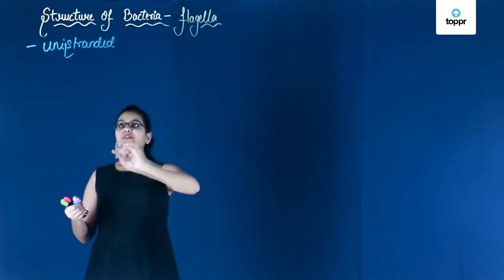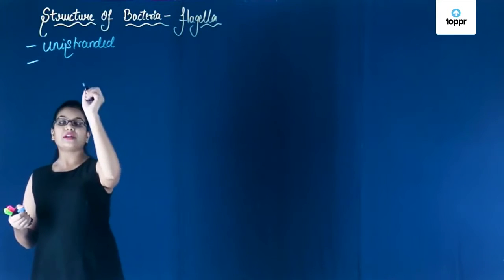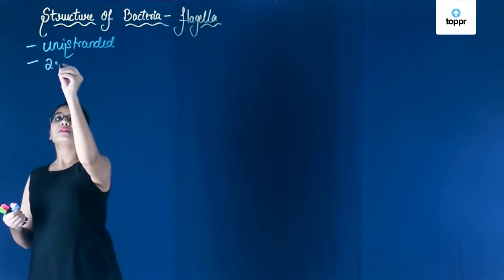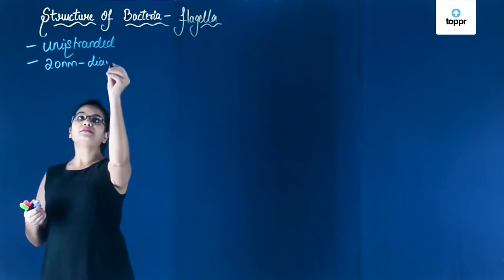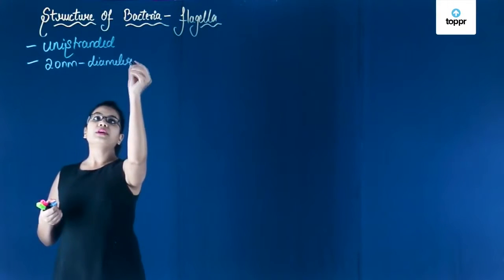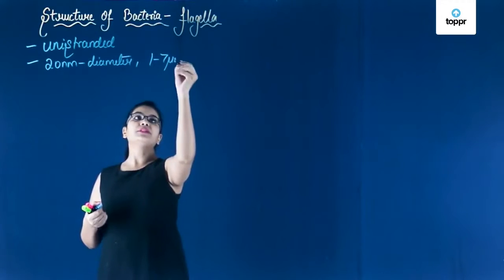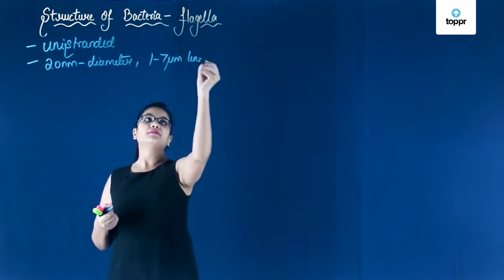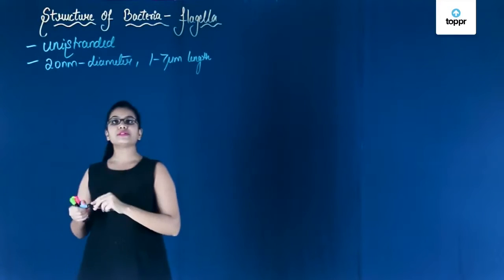The size of flagella is 20 nanometer in diameter, and it is 1 to 7 micrometer in length. So these are its dimensions.